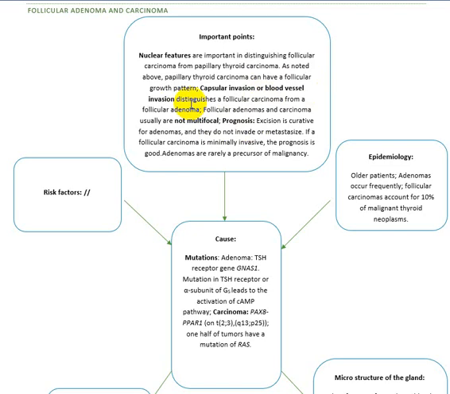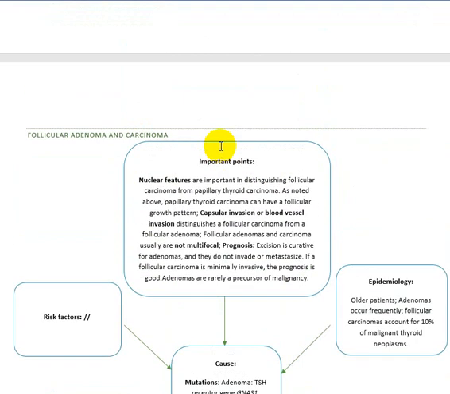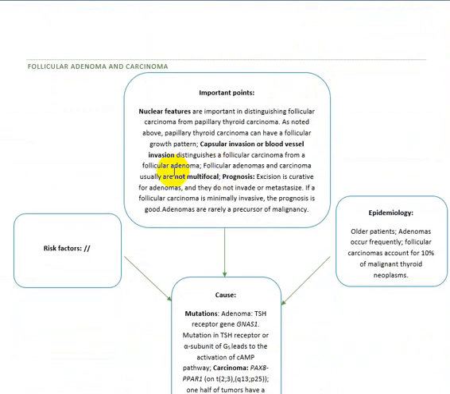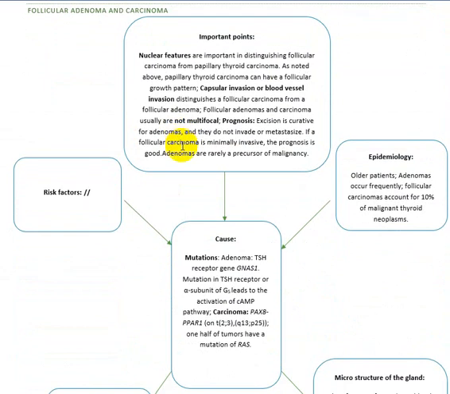But with an adenoma, you are not going to find blood vessel invasion. Follicular adenoma and carcinoma usually are not multifocal. Prognosis: excision is curative for adenoma, and they do not invade or metastasize. If follicular carcinoma is minimally invasive, the prognosis is good.